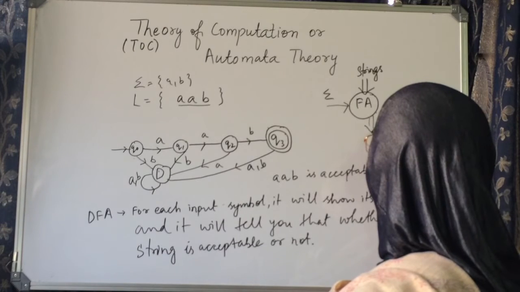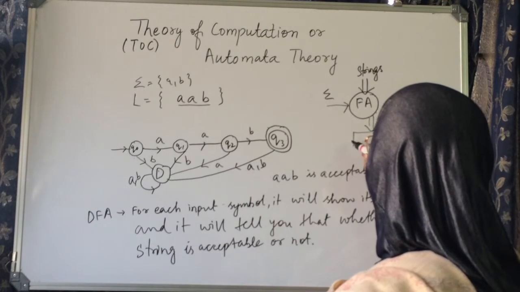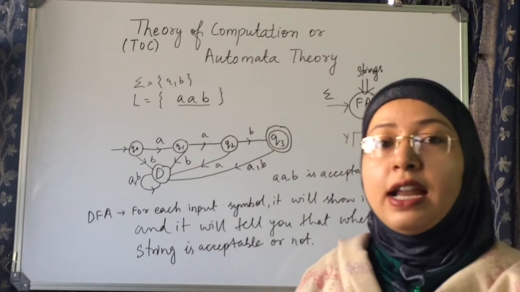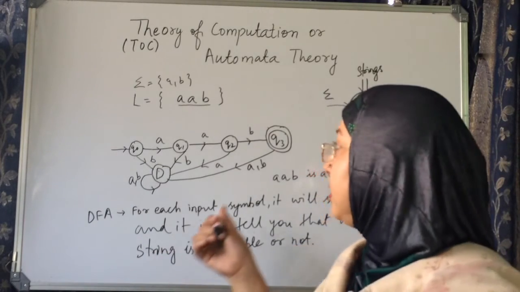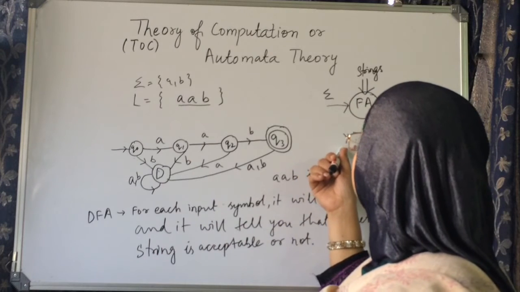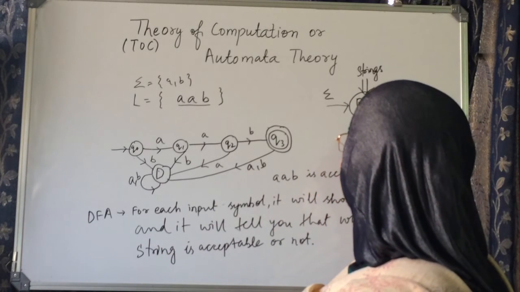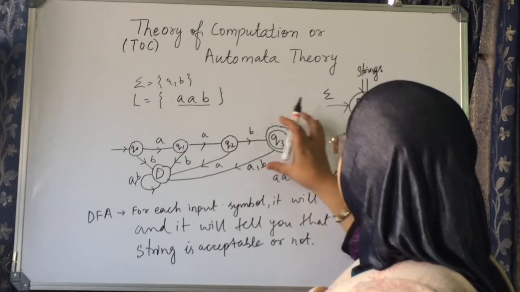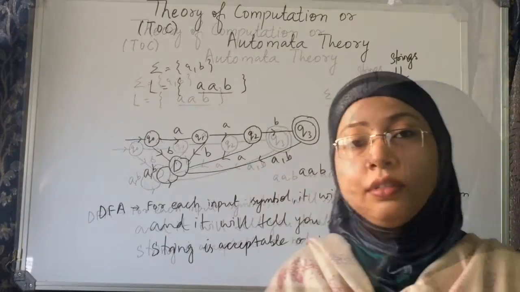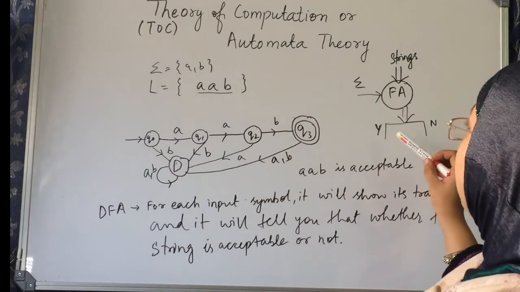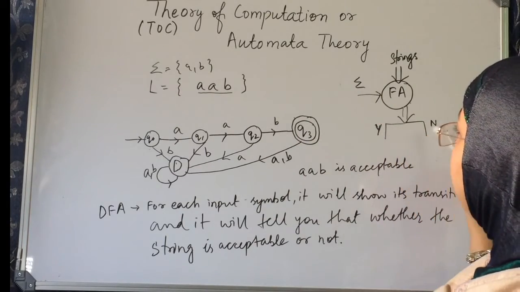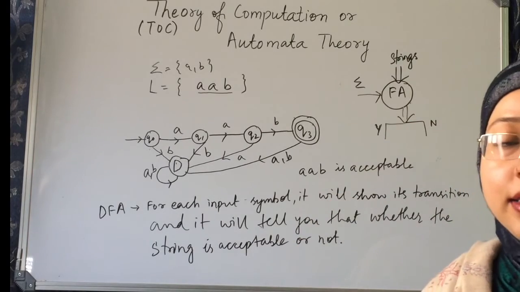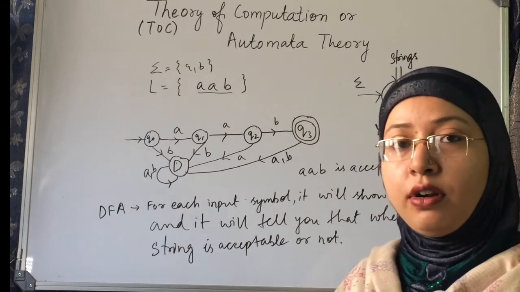It will tell you yes or no. Finite automata will tell you whether the string is acceptable by your automata or not, or whether the string is present in the language or not.